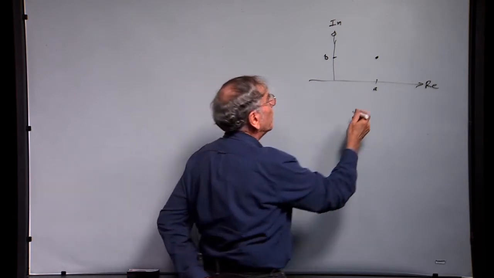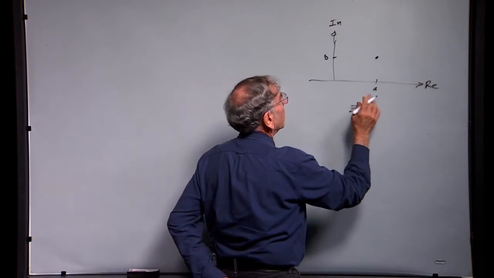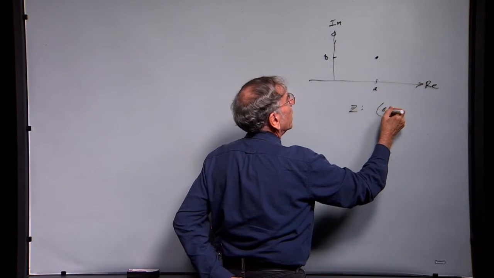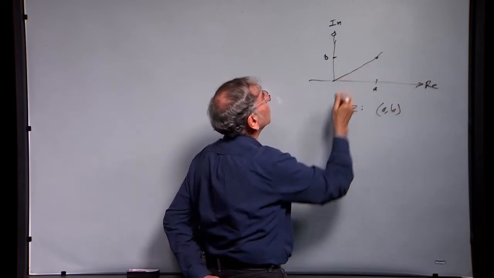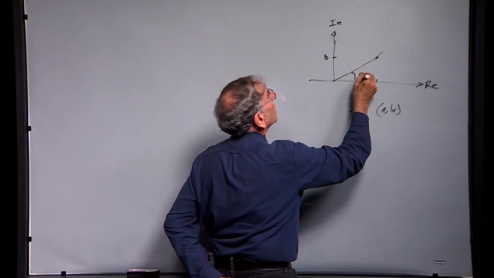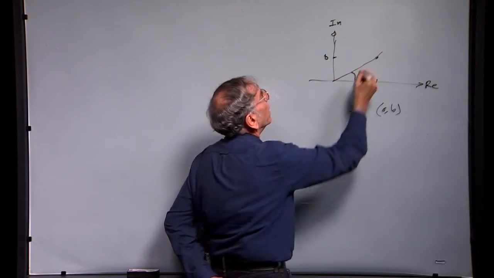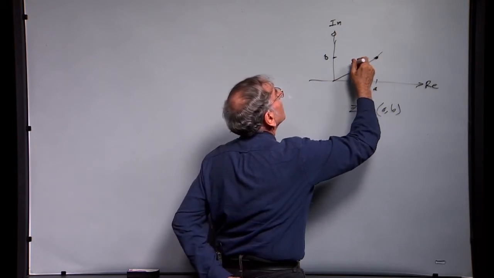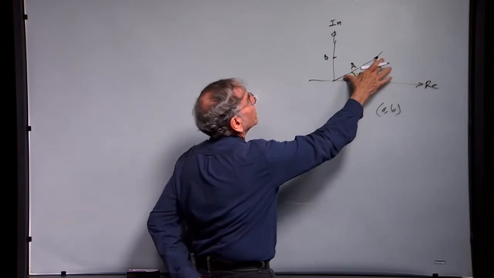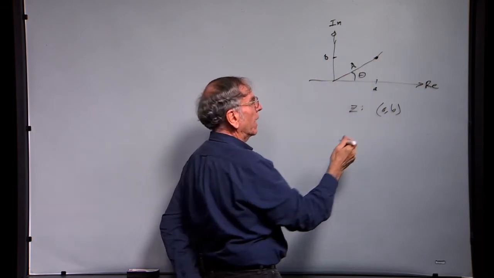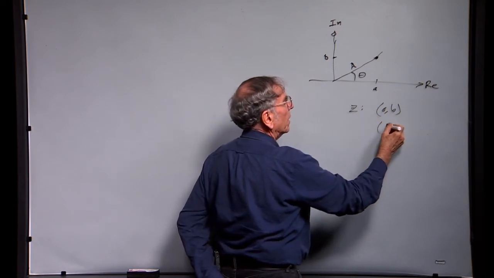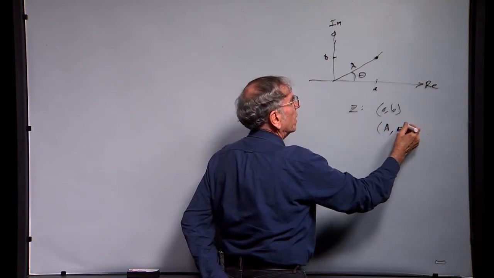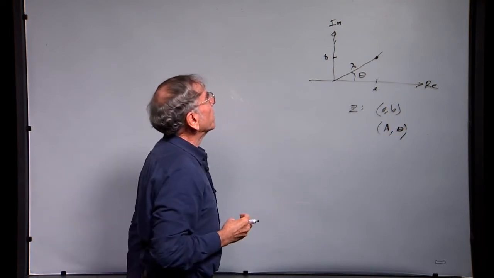So we know then that we can represent our complex number by its real and imaginary parts, but there's another representation where we make use of the fact that we can define an angle and we can define a length of this line. I'll call it A. It's going to be the magnitude or the amplitude, and so we can describe the number just as well by a magnitude and a phase angle like that.